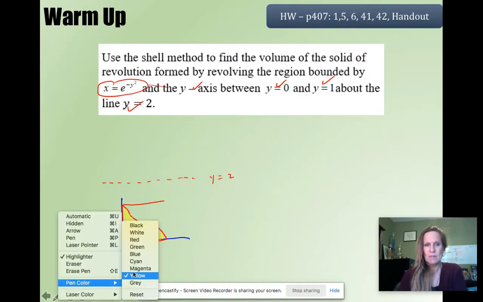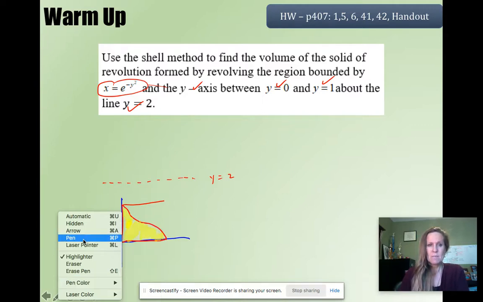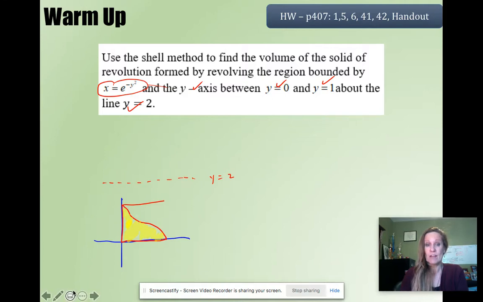So my job, before I worry about shells or washers, is to draw the reflection. And I'm terrible at drawing reflections. Absolutely terrible. I'll do my best. Let's see. Here, here, right?